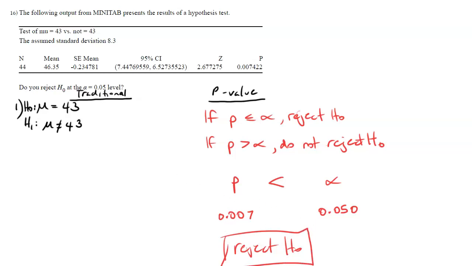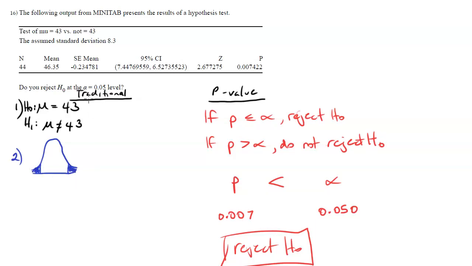The traditional method is going to take a bit longer because we have to find that critical value for 0.05, right? Not equal to, so this is two-tailed, yes? Remember, less than will be left-tailed, greater than will be right-tailed, but does not equal to is two-tailed.